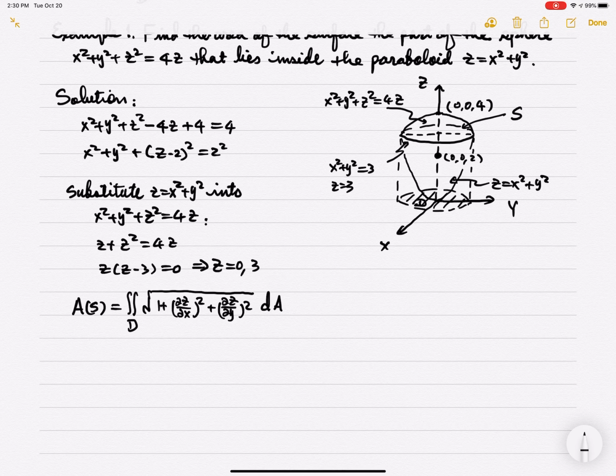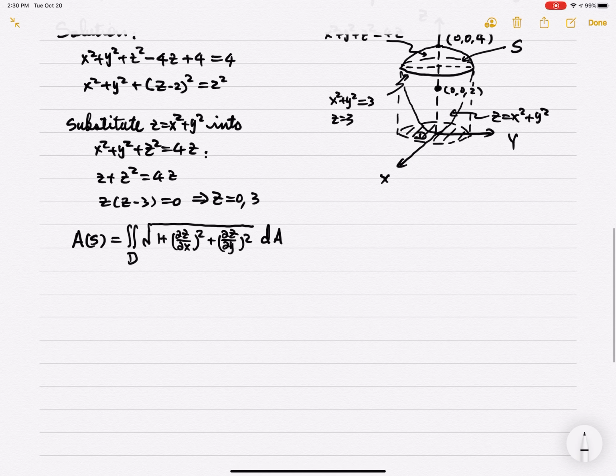Now what is z? Here the surface is x squared plus y squared plus z squared equal to 4z.